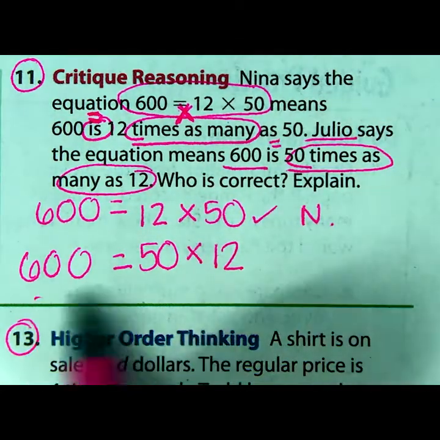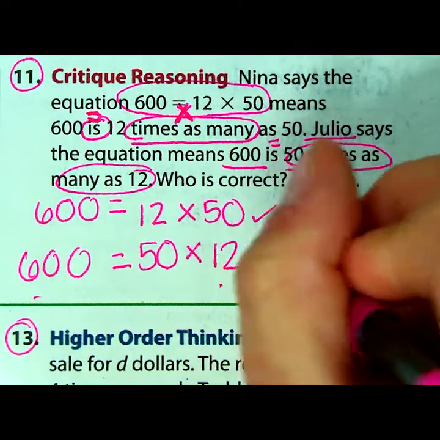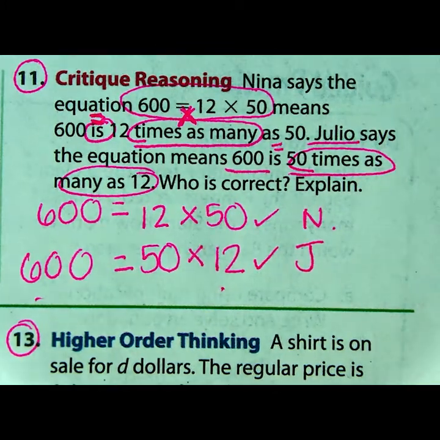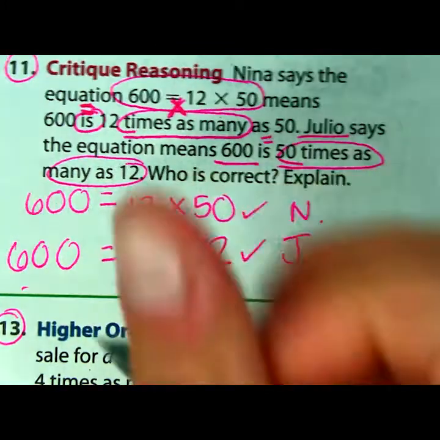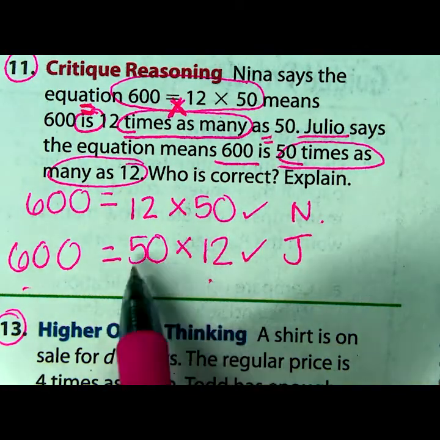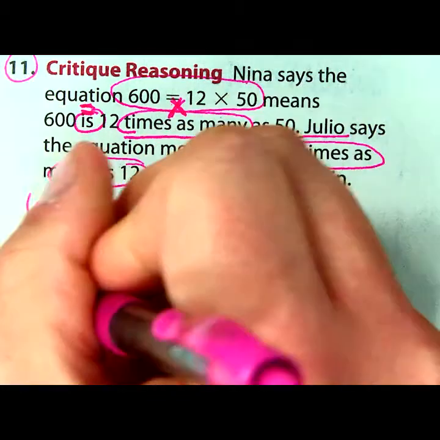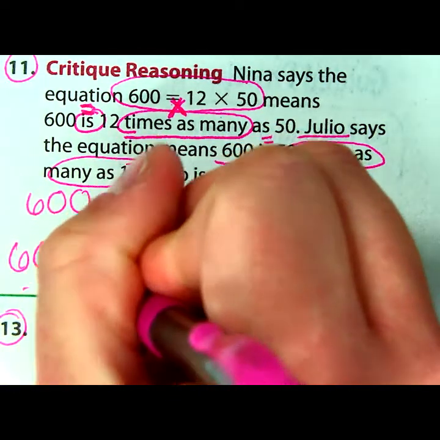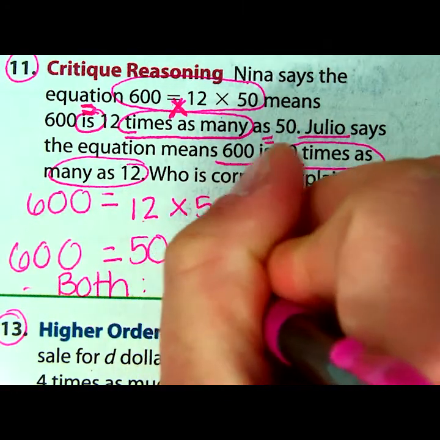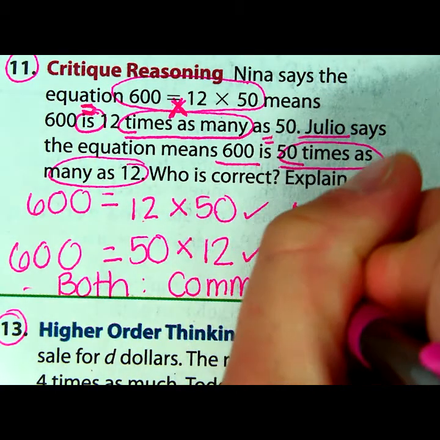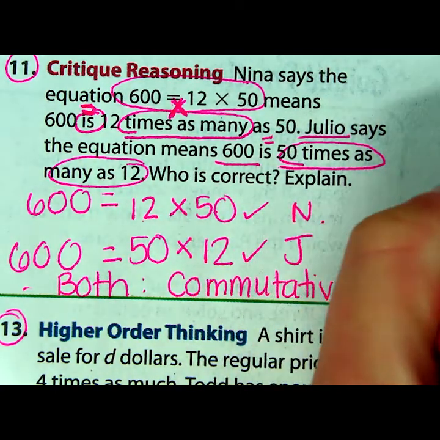Yes. So Julio and Nina are both correct, and they're both correct because we know that the commutative property tells us we can change these 2 factors. We will still get the same answer. So both, and we know that because of the commutative property. That's a term you learned in 3rd grade when you started multiplying.